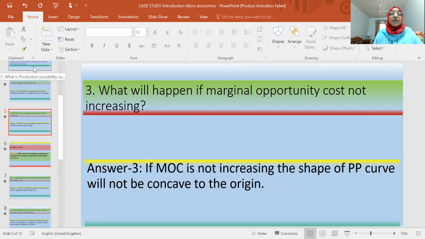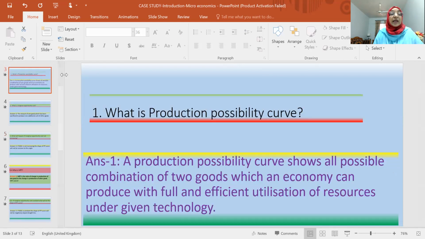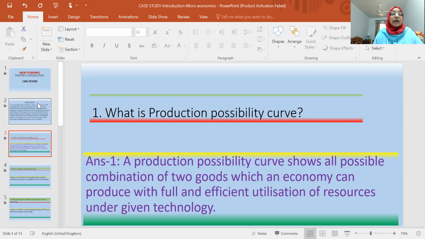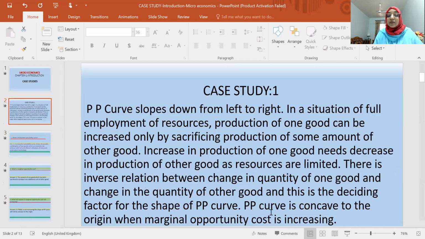If you go back to the passage, you will find that the last line says the PP curve is concave to the origin when marginal opportunity cost is increasing. Means the shape of PP curve is concave only and only when marginal opportunity cost is increasing.